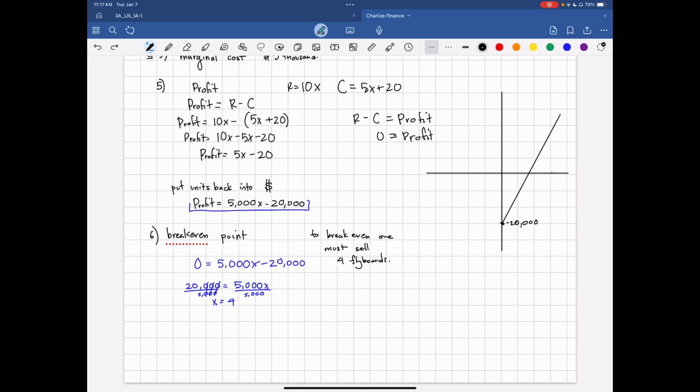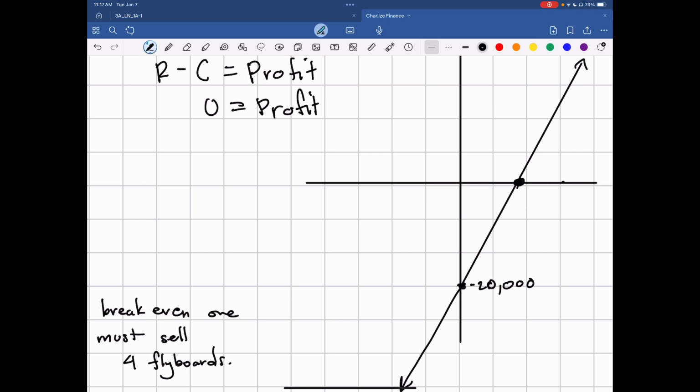I would think that the slope kind of looks like this, but you're looking for this point of the profit where it's breaking even, because right about here, you're still losing money because the profit is negative.